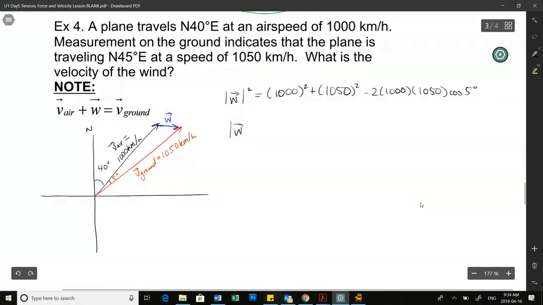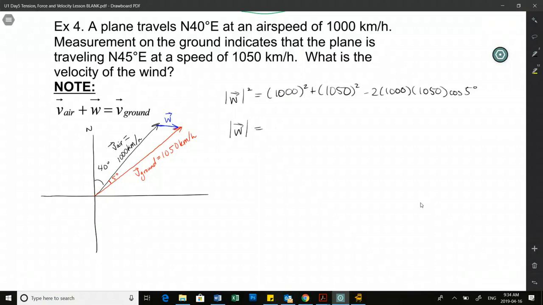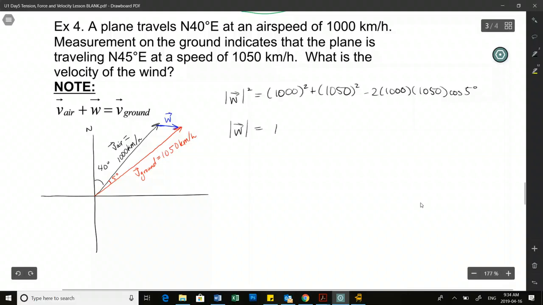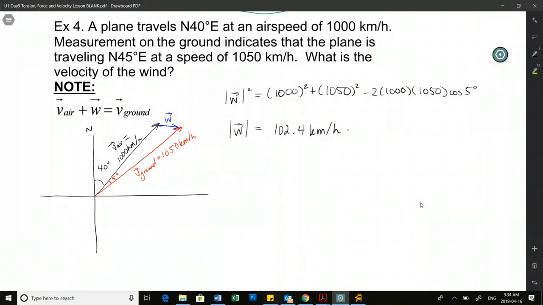And remember to take the square root of this once you've calculated. 102.26. 102.426, you said? Okay, so make sure you can get that in your calculator.